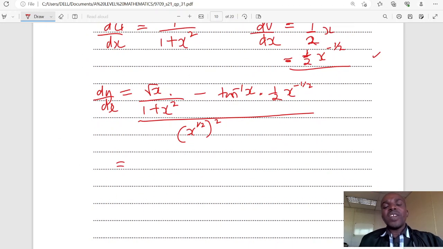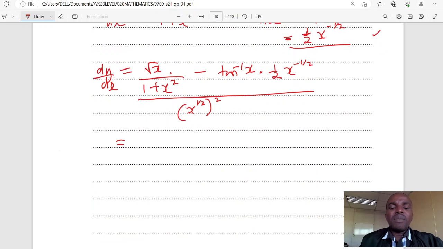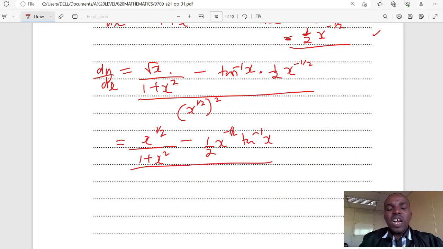Right, then simplify this part. Then you have to equate your gradient to 0, right, because it is the maximum point M. So this will be root of x, let me just put x to the power half here, over 1 plus x squared, then minus half x to the power minus half arctan x, over x. Let me just say this one is equal to 0.